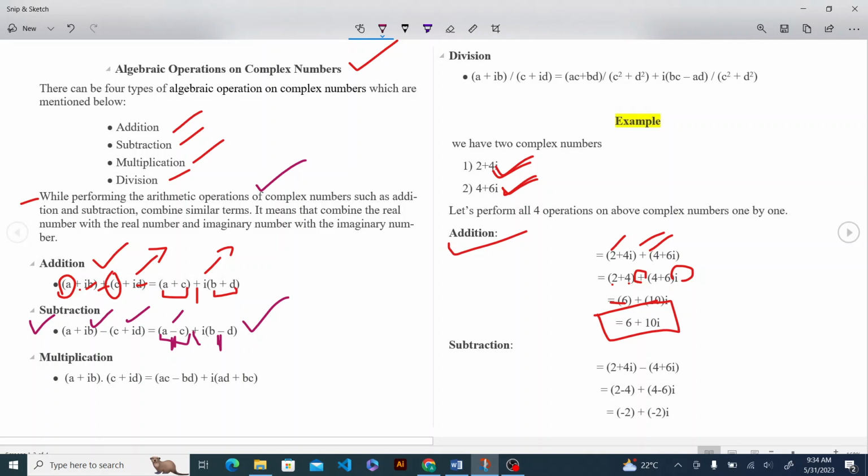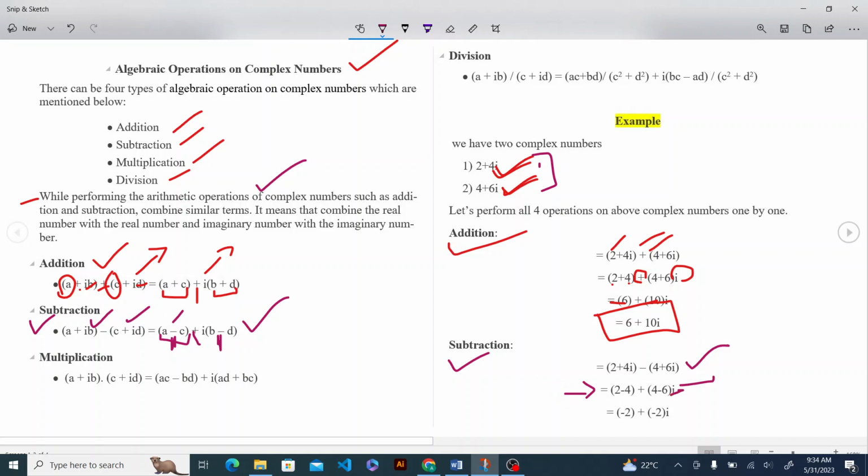Okay, so let's see the example of subtraction. For the subtraction example, we have the same complex numbers which are defined above, 2 plus 4 iota and 4 plus 6 iota. They are being subtracted, so their difference will be found at last. Let's see the steps now. 2 minus 4, because a minus c, and 4 minus 6, b minus d, and the iota sign.